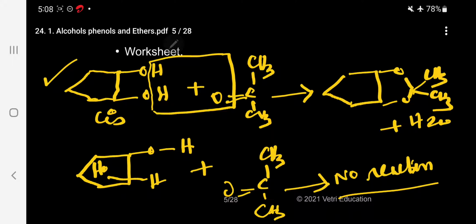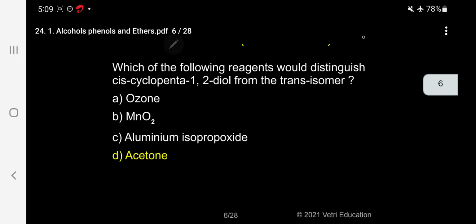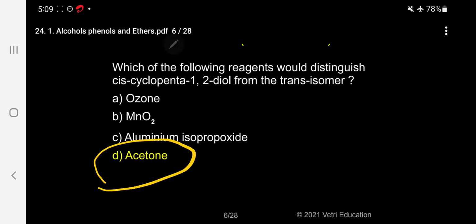So, very easily we can differentiate cis cyclopentane 1,2 diol and trans by using the reagent acetone. So, very clearly, I have written this mechanism. Kindly follow. So, the correct answer is D, that is acetone.